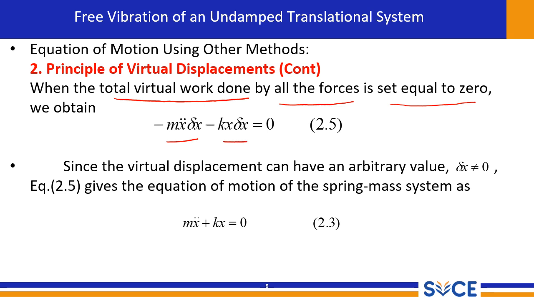Since del x is not equal to 0, then m x double dot plus k x into del x equals 0, meaning the remaining part, m x double dot plus k x equal to 0, represents total virtual work set to 0. Notice that both terms include virtual displacement del x.